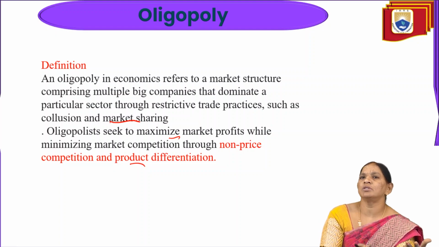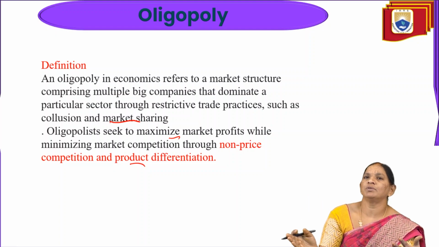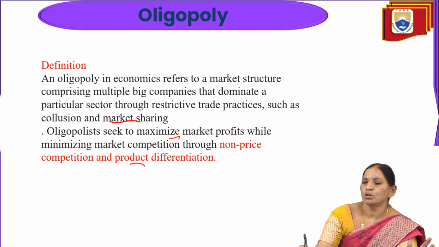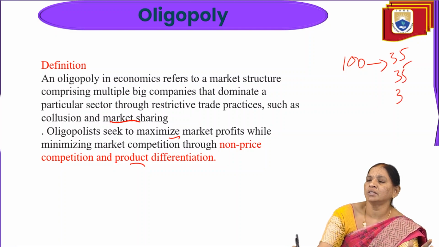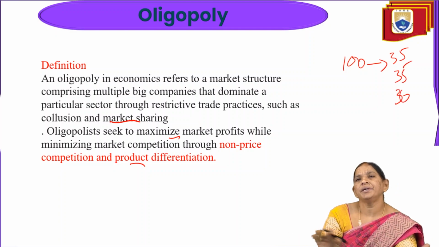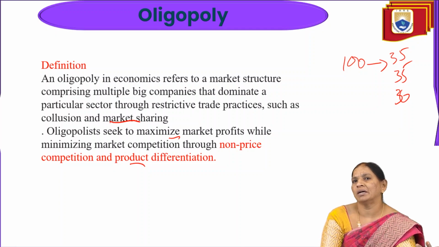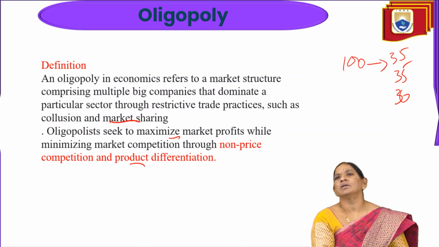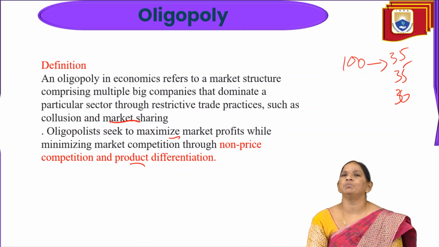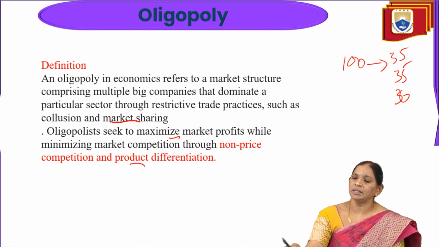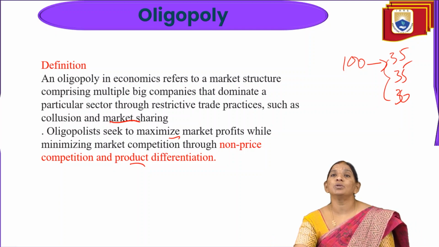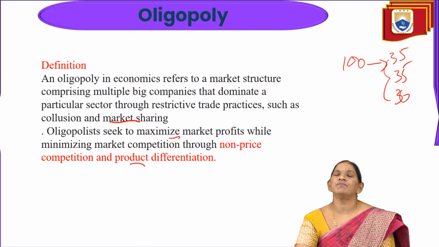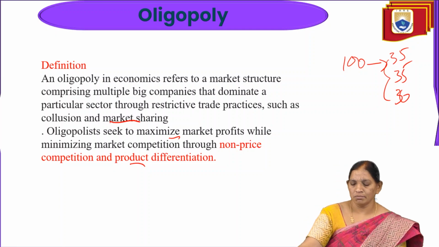Maybe if 3 firms are there, 30%, 35%, 35%, the total 100% market is shared between the 3 firms. Then one will not enter into the other's product or market. In this manner, non-price competition will exist, and with a slight product differentiation, which is one of the important basic features of these oligopolistic markets.